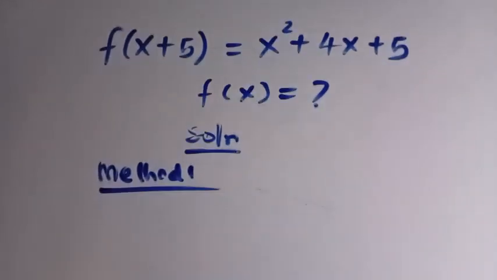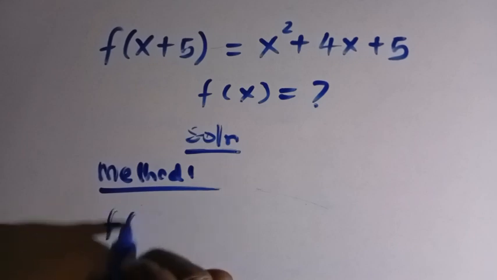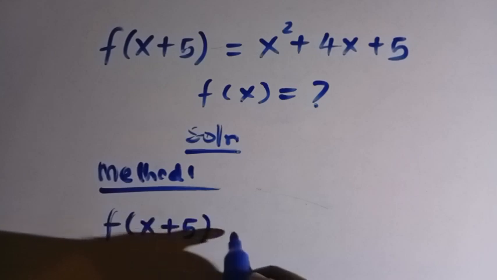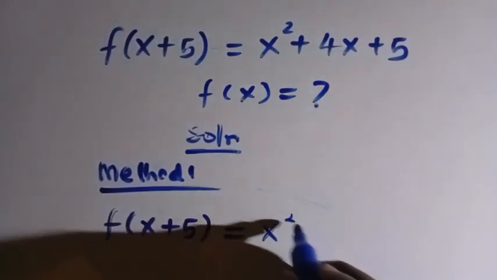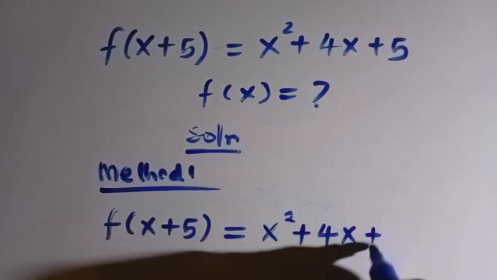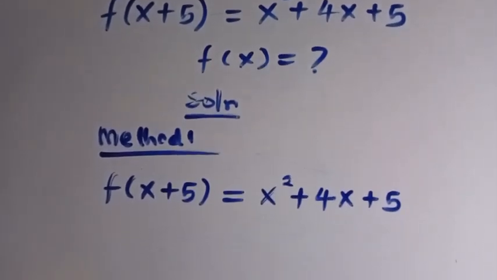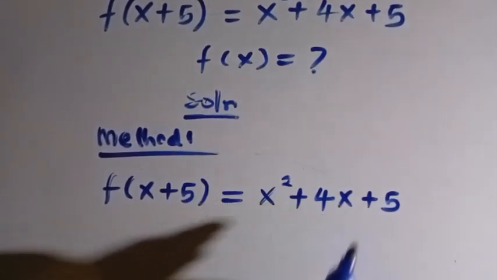For the first method, I'm going to use form manipulation to solve this. From the left hand side, we have f of x plus 5 equals x squared plus 4x plus 5, which is the given question. This is not factorizable, so we cannot factorize this.